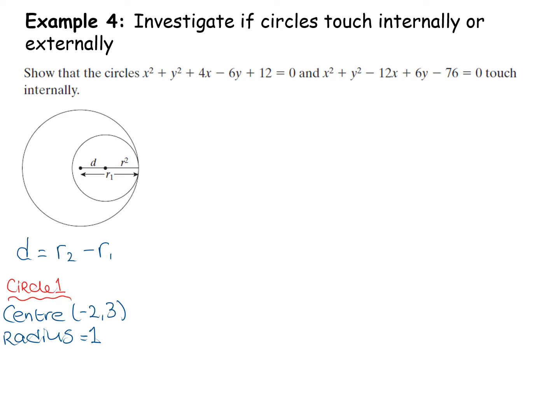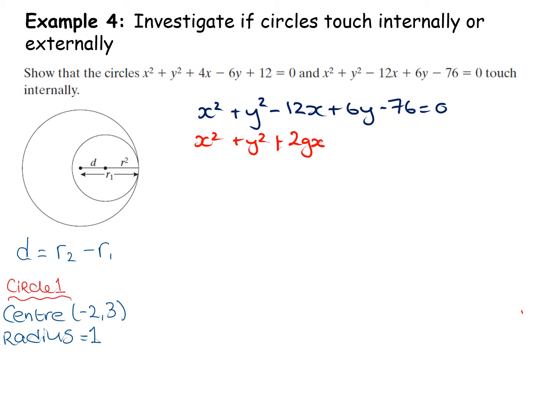So now let's work on the second circle, which is x squared plus y squared minus 12x plus 6y minus 76 equals 0. Again, going to page 19, x squared plus y squared plus 2gx plus 2fy plus c equals 0.